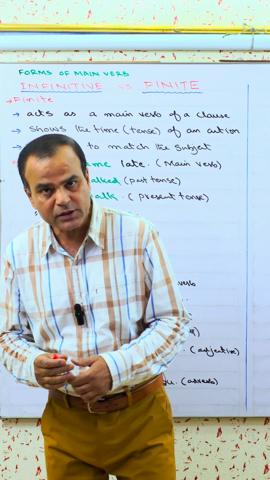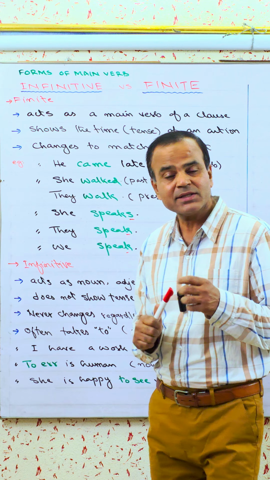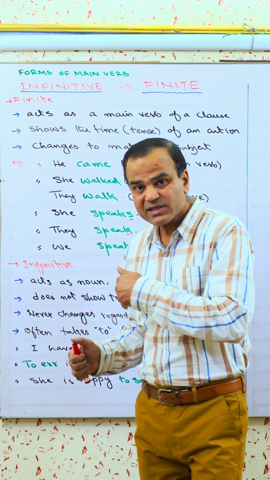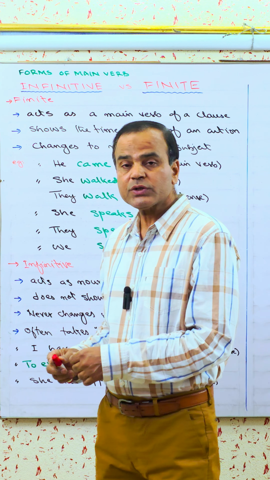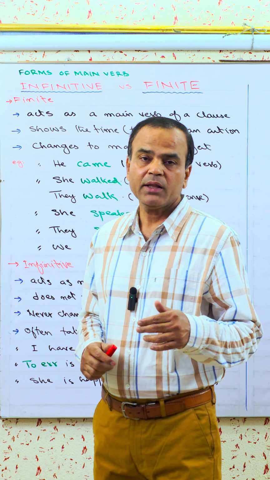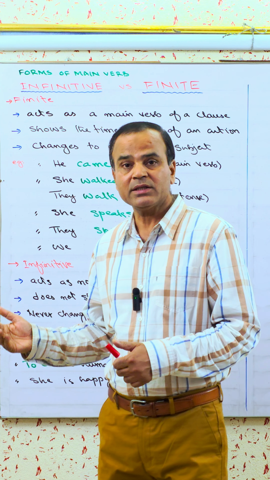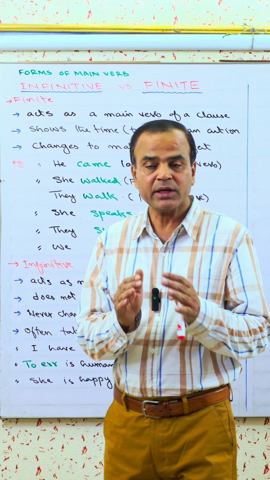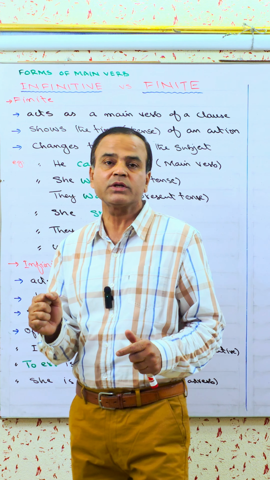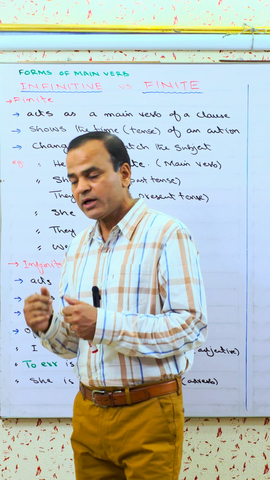Number two, it does not show tense, it is tenseless. The finite verb is tensed, it shows tense, and the infinitive is tenseless, it does not show any tense, and in all the tenses we can use it with a finite verb.